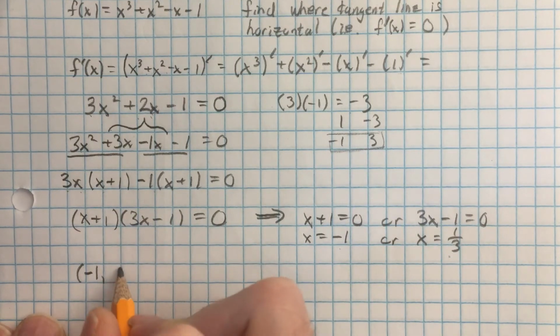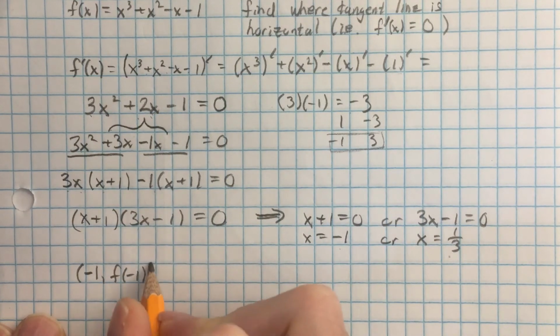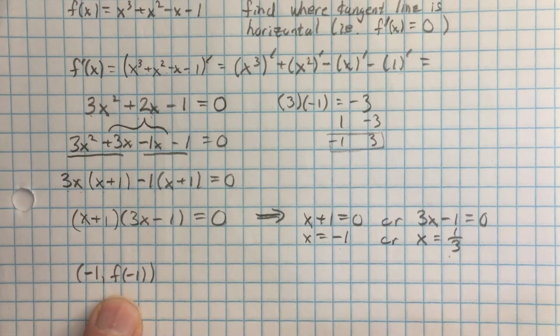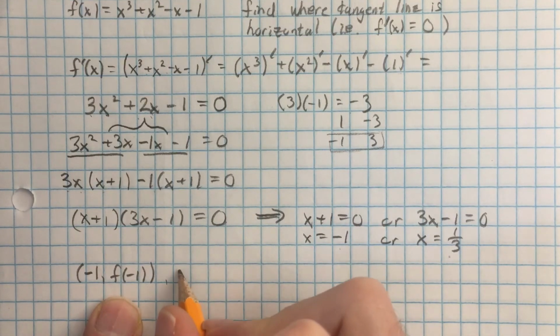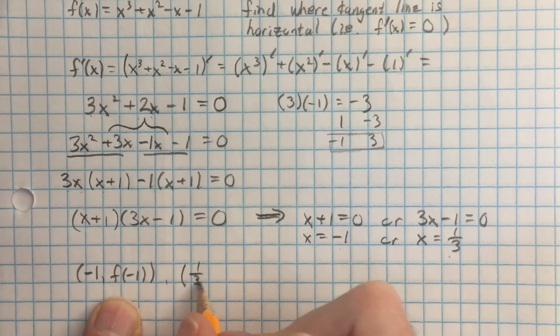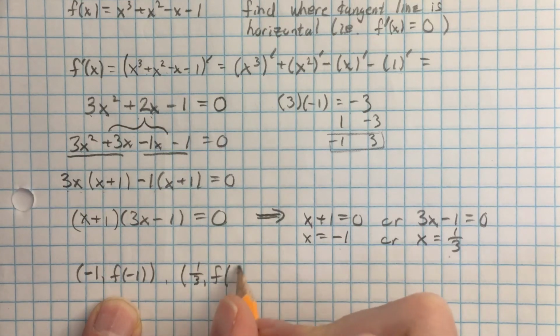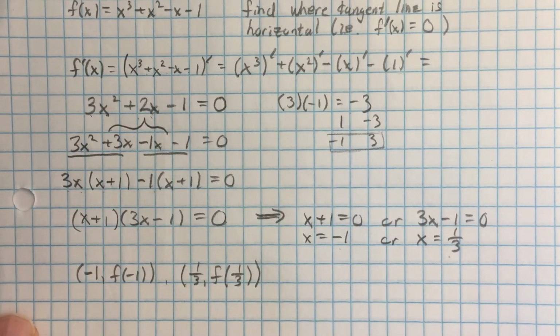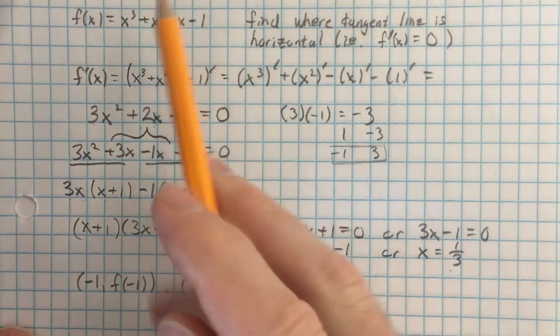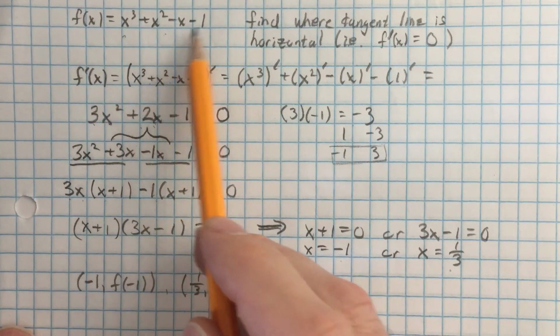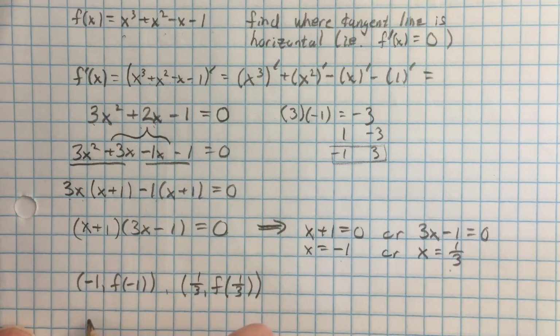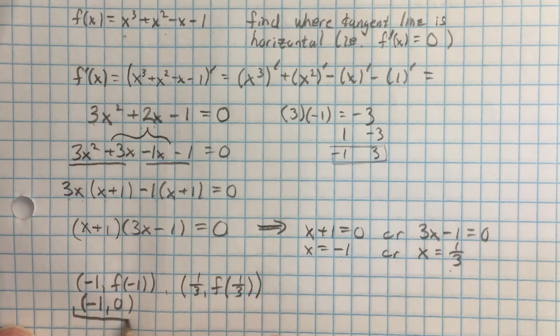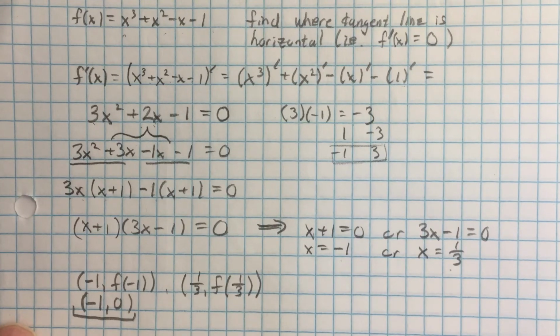So it's -1 comma f of -1 is one location, and we have 1/3 comma f of 1/3 as the second location. When you plug in -1 to the original function, it's pretty obvious you're going to get 0 just upon inspection. So this is down here, -1 comma 0. Okay? There is one solution. There's one point where the tangent goes horizontal.